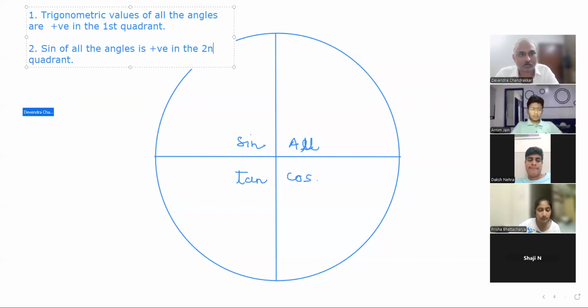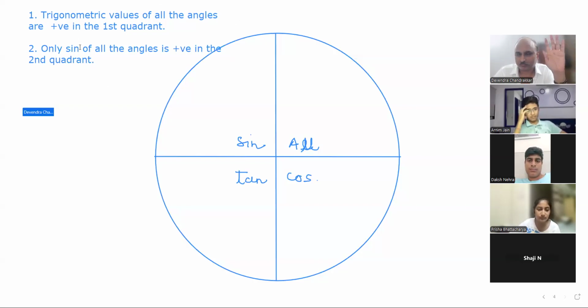In the second quadrant. Or I should write only sine. So this, I am talking about sine, cos, and tan. वो बाकी तीनों की बात नहीं कर रहा. Because cosecant will be positive. It is inverse of sine. So only sine of all the angles is positive in the second quadrant.